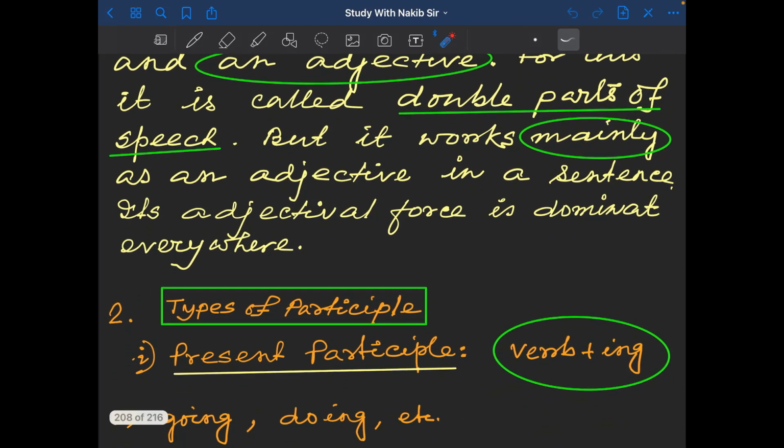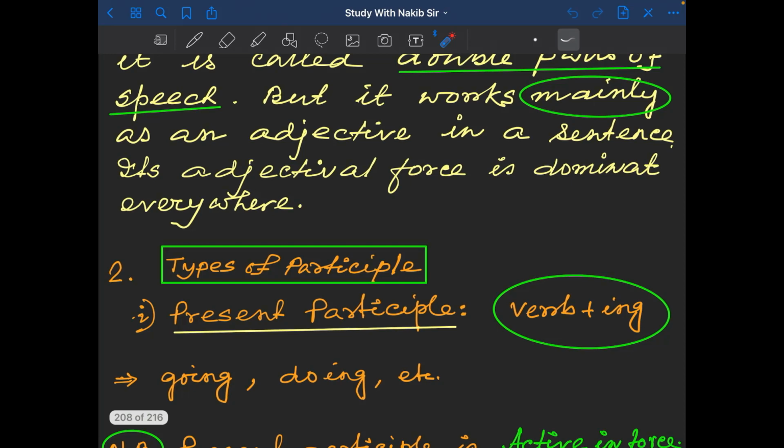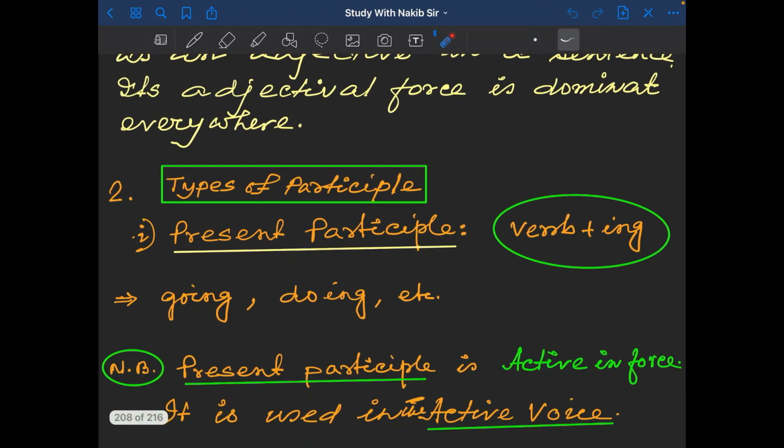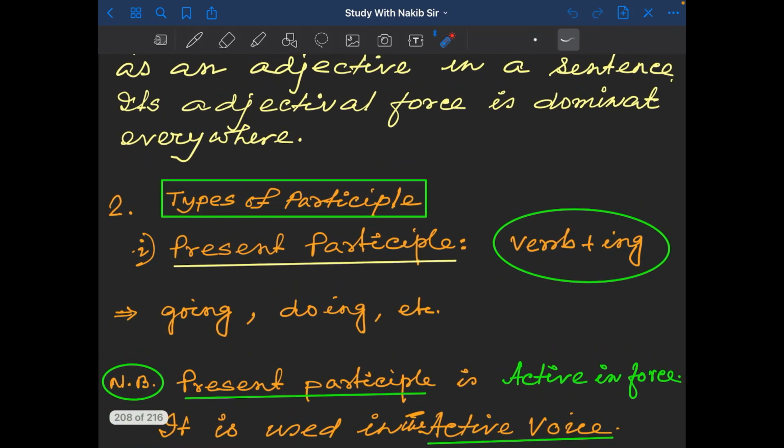How many types of participle are there in English? In English, we get three types of participles. Number one, present participle, verb plus ing, going, doing, etc. These are called present participles.